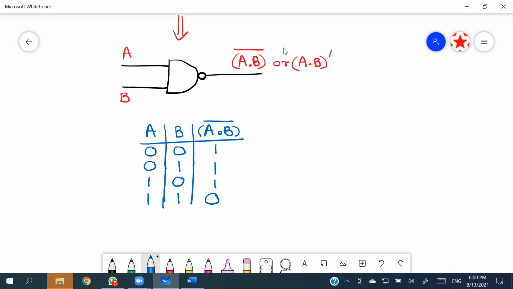And Dihan, other than the multiplication, there is an inversion which is indicated by this bar. That means you have to multiply first, then you have to invert. So whatever answer you get from the multiplication will be inverted. That means if it is a 1, it's going to become a 0. If it is a 0, it's going to become a 1.